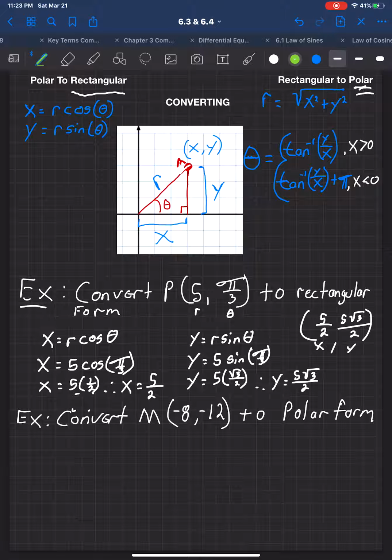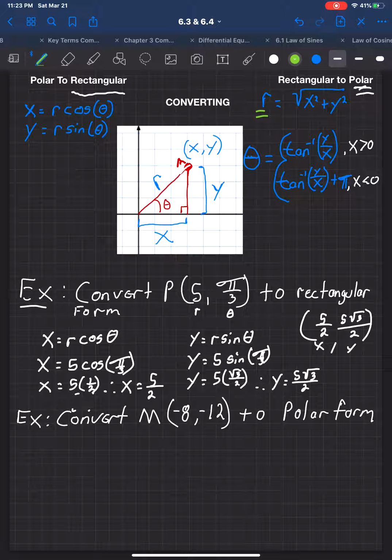If you think about the Pythagorean relationship between the sides of a right triangle, you can see how r squared is equal to x squared plus y squared, which means r is equal to the square root of x squared plus y squared.